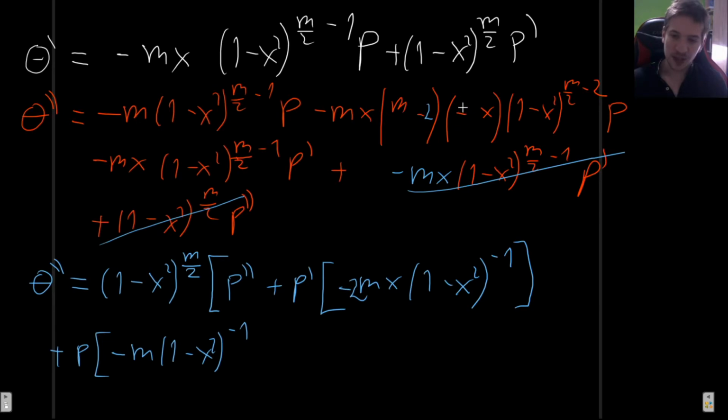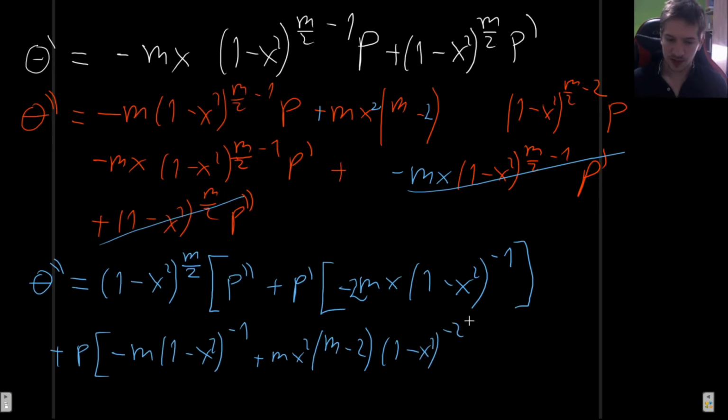The other thing that we can do is combine this minus and this minus, so we get a plus, and this x can actually just be written in here with the other one, so we get x squared. Okay, so this second term then will be plus m x squared (m minus 2) times (1 minus x squared) to the minus second power.